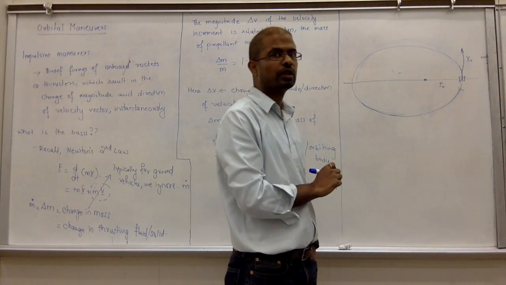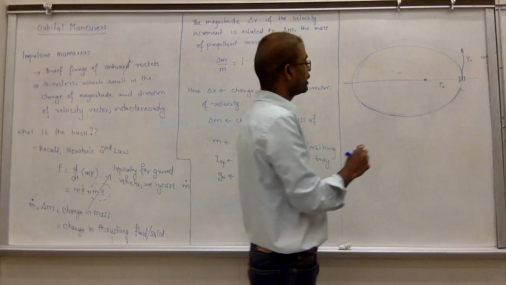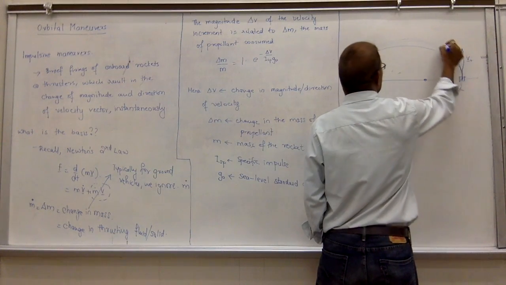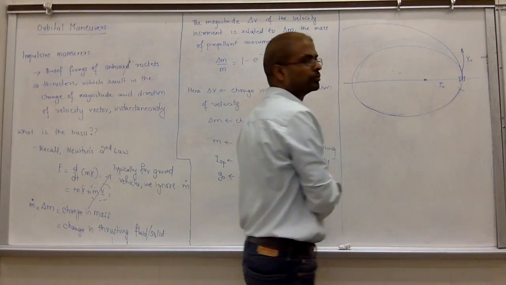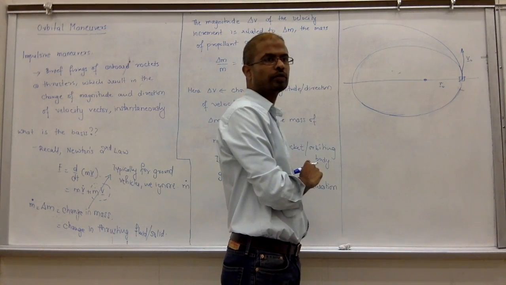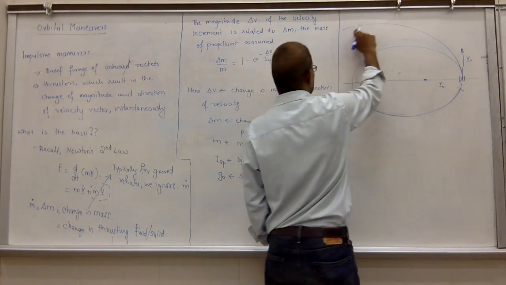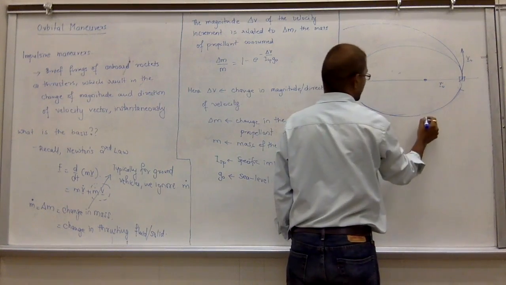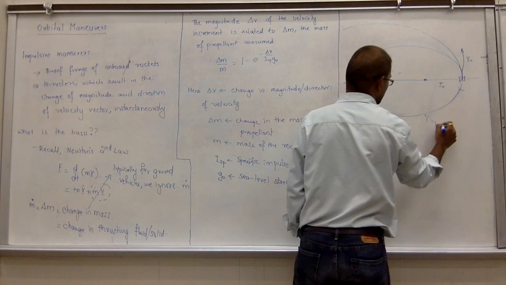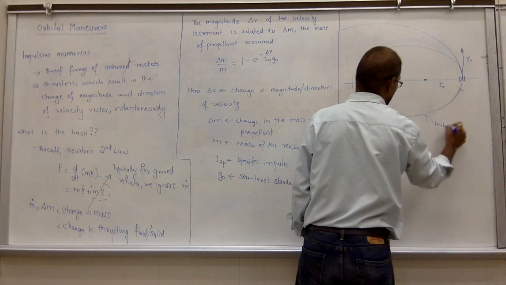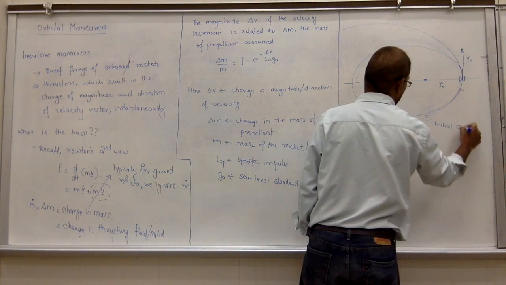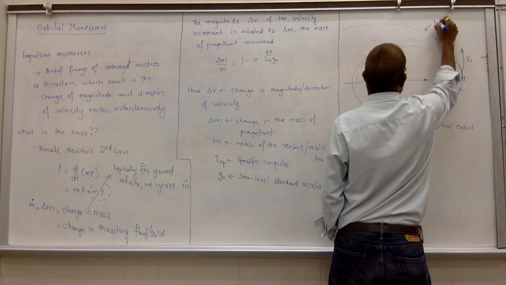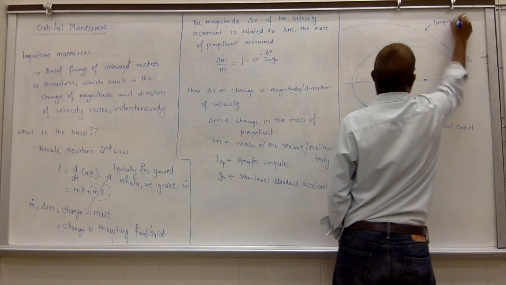Right? Now if you want to go into, let's say, this orbit, this is your target orbit. We'll say this is the initial orbit, and this is the target or final orbit.